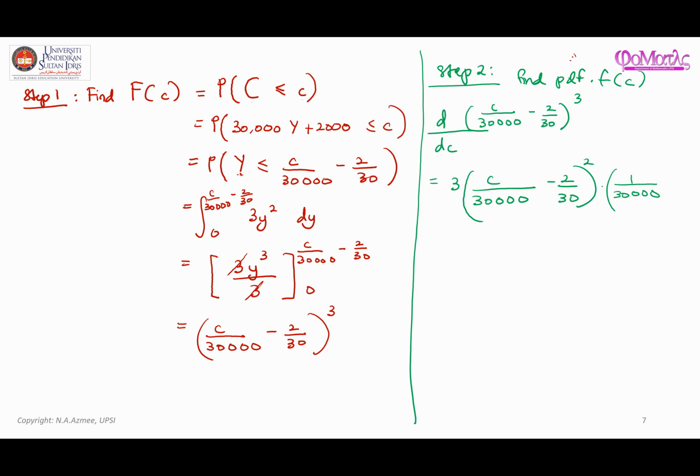And this part here is a constant, so the result is 0. So that's all. And we can simplify that to be 1 over 10,000 times C over 30,000 minus 2 over 30 to the power of 2. So that is the result, the PDF.